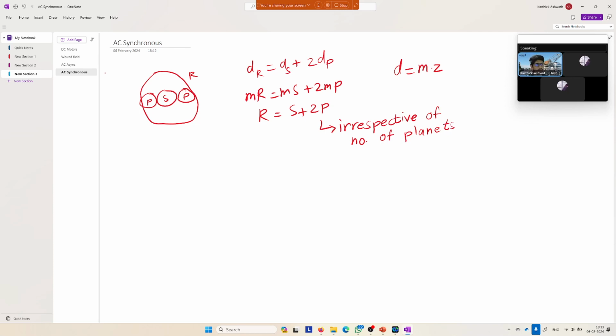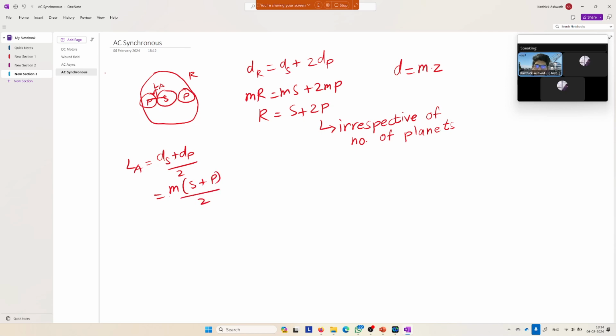And similarly, we can also do spacing calculations. So if you want to calculate the length of this arm, let us say LA equals (ds plus dp) divided by 2, which equals m times, sorry, m times (s plus p) divided by 2.